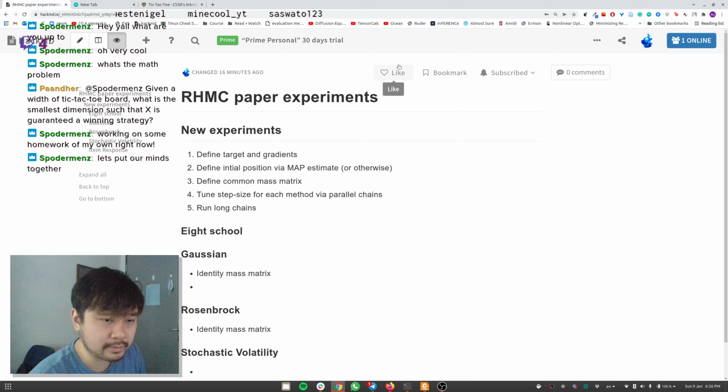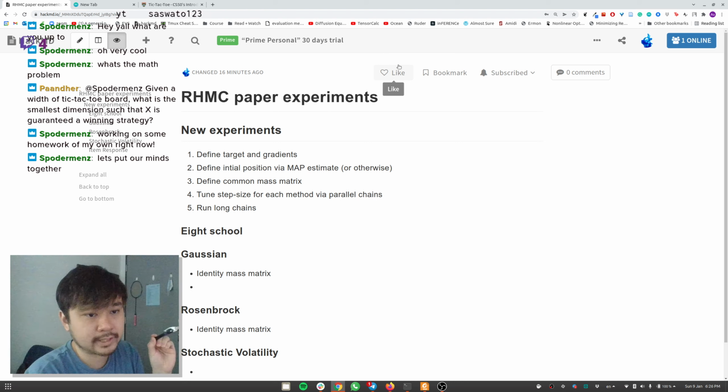So my very rough intuition is that you need enough dimensions so that you can pose more than one threat when you place a piece down in the tic-tac-toe board, so that the opponent can only respond to one and then you win with the other. I suppose that's guaranteed winning, something like that.